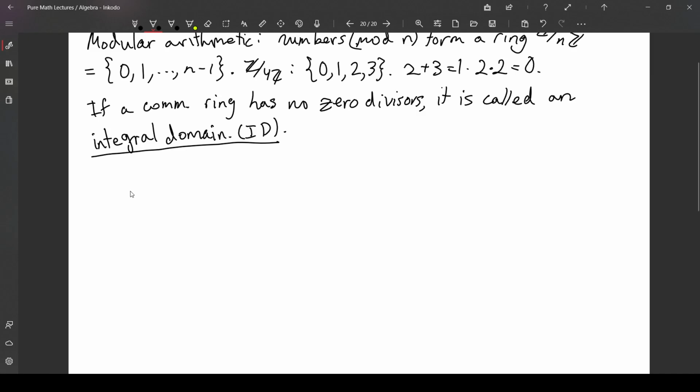So now we're going to look at what happens with multiplicative inverses.